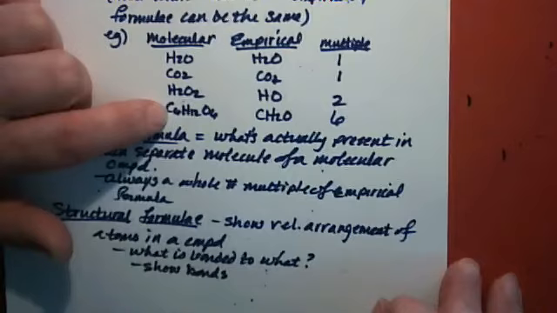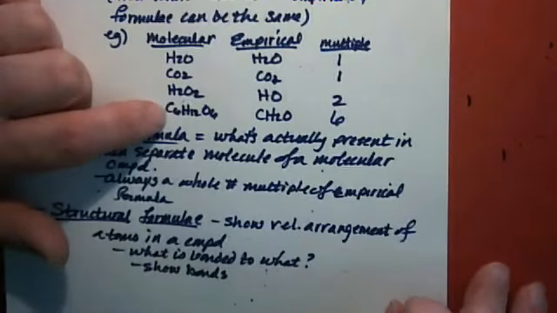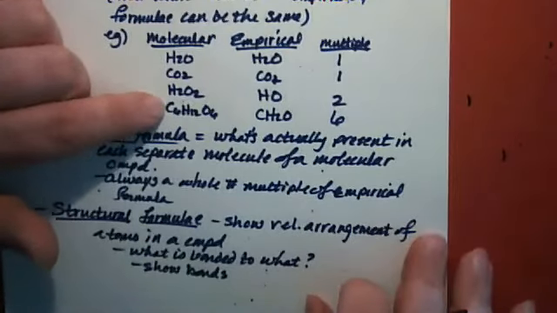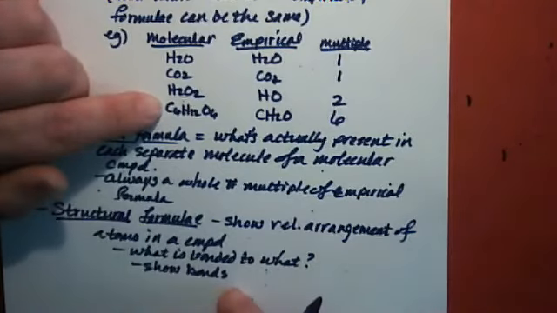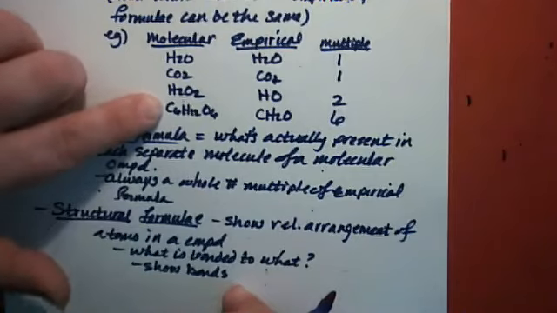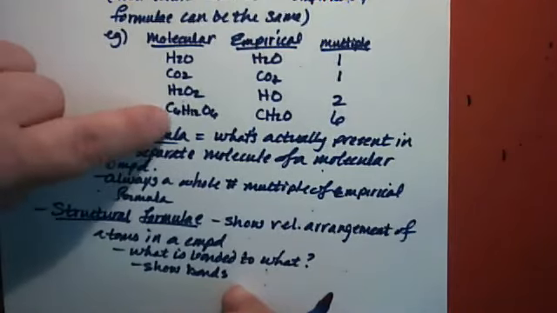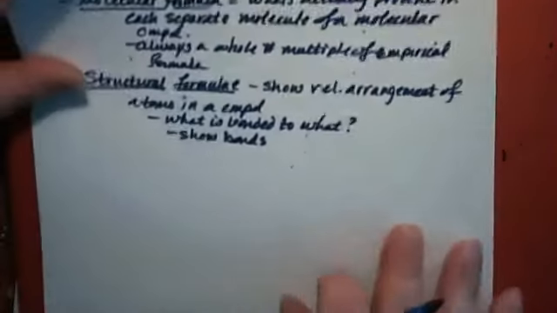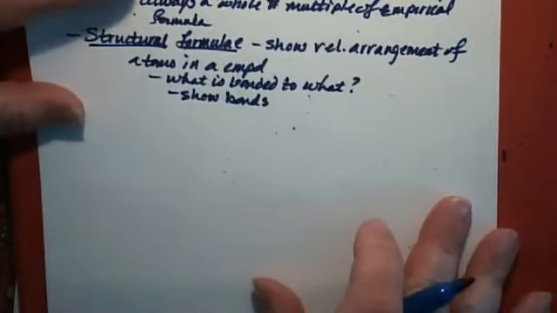Glucose and fructose are probably the best known examples. And the only difference between the two is not what's in each molecule, but how those atoms are arranged. So a structural formula would actually allow you to distinguish between glucose, which has this chemical formula, and fructose, which also has this chemical formula. So that's one of the useful things about structural formulas.